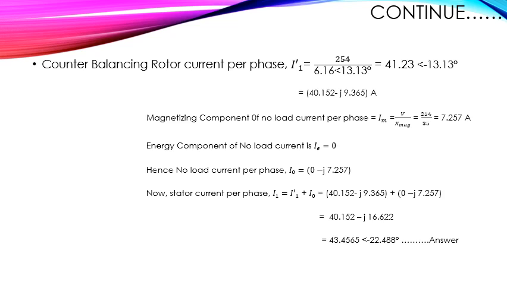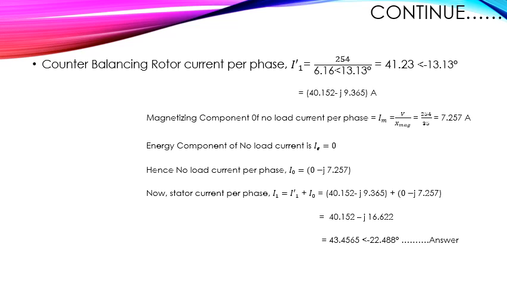Now calculate the rotor current per phase. So I1 dash equals 254 divided by impedance. Impedance is 6.16 at an angle of 13.13 degree. So here the rotor current per phase, that is I1 dash, is 41.23. So this is in polar form, so convert it into rectangular form.